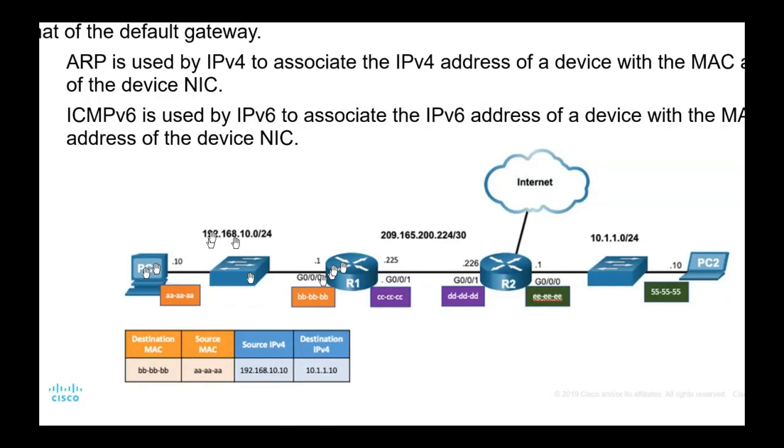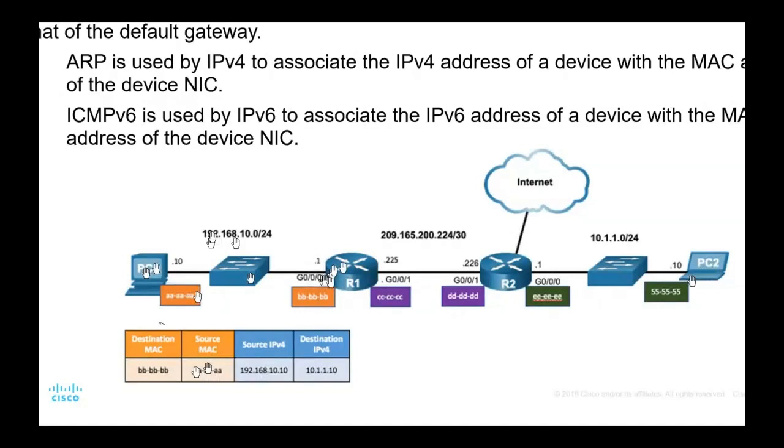So therefore, the source IP address is itself and the destination IP address is PC2. That's true. But if you look at it, the source MAC address is itself, but the destination MAC address is not PC2, is it? It's actually the router's MAC address.